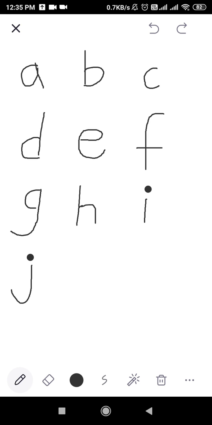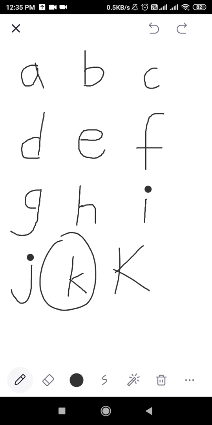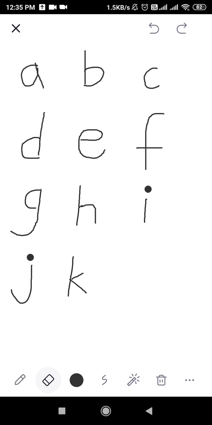Letter K. To draw letter K, just make a standing line and two smaller cross lines. To draw the capital K, you have to draw cross lines like this. But here it's small letter K, so you will draw the smaller lines like this. Okay. Now K for king, K for kite, etc.